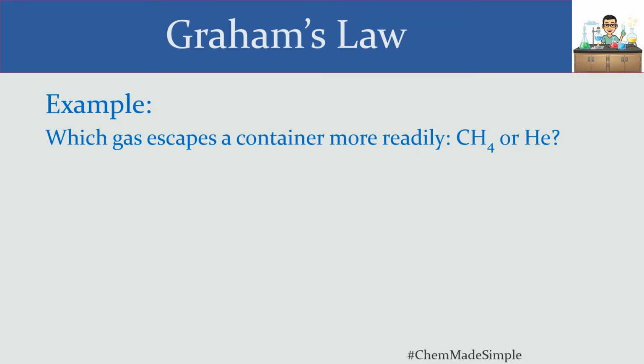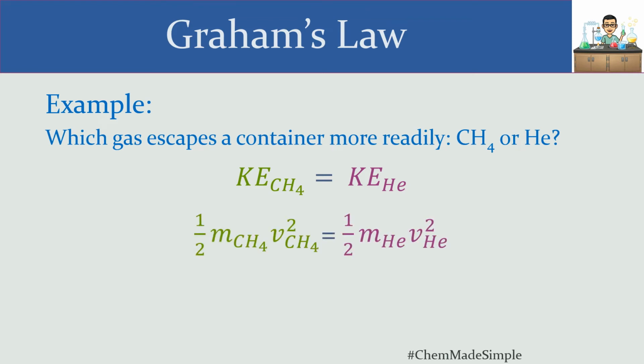Well, if both molecules are in the same container, it means that their kinetic energies are equivalent to each other. And so the equation for kinetic energy is mv squared over 2, or 1/2 mv squared. That applies to both methane and helium, and those quantities are going to be equal to each other.